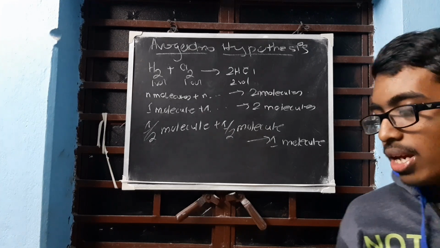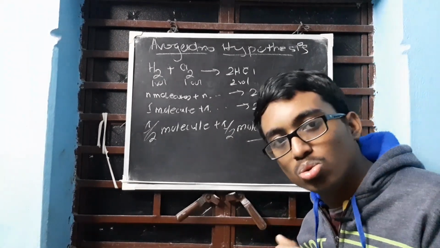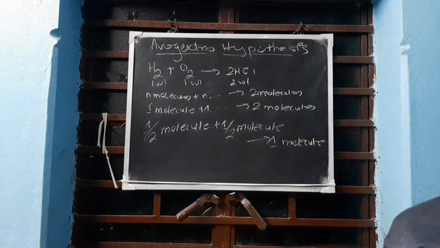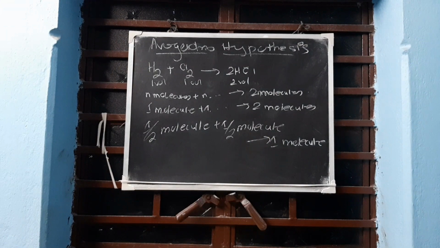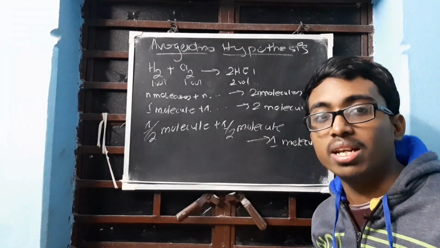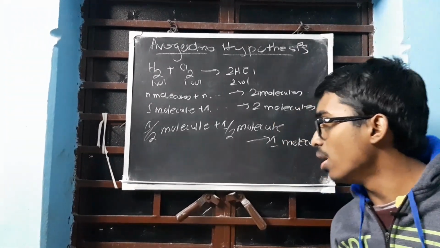Okay. Then we will get to know nitrogen is having 2. Hydrogen is also having 2. From there, if half molecule and 3 by 2 molecule is forming 1 molecule, then 1 plus 3 atoms will be forming 1 molecule. So 1 molecule will contain NH3. That will be the formula. Like this, we will be getting the formula.